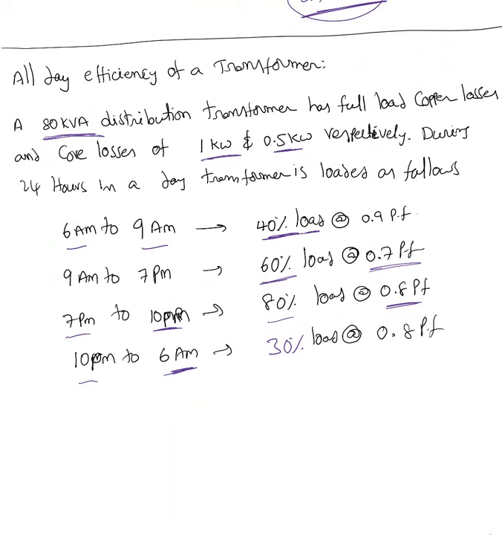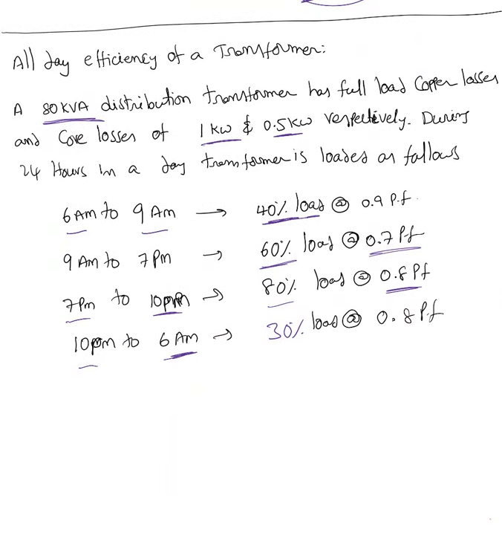Now our goal is, what is the efficiency? Now remember, this is copper loss. Copper losses vary with respect to the load, but iron losses do not vary. Efficiency is nothing but output power over input power.